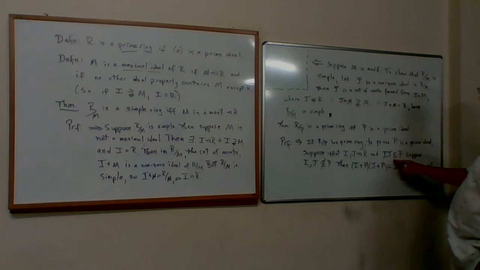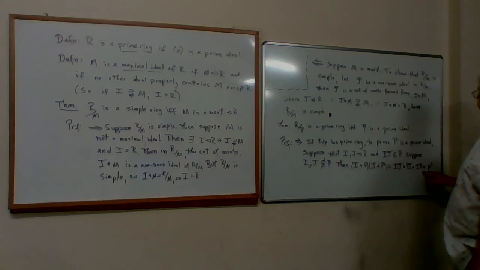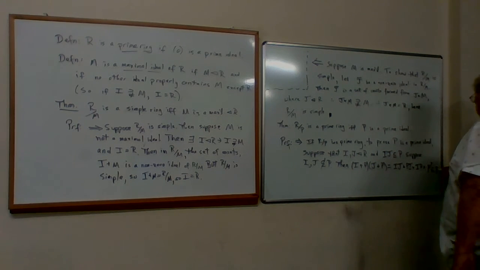Well, IJ is contained in P, PJ is contained in P, IP is contained in P, and P squared is contained in P, so this whole mess is contained in P.